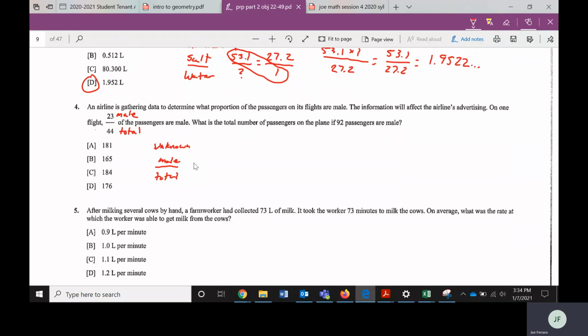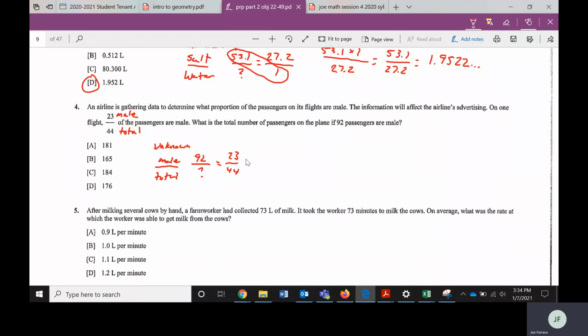In the question, they tell us the number of males, so 92 goes on top. The total is what we don't know, but that's what we're looking for. Now we look at what they gave us and see either is this exactly what they give us or do we have to figure it out? Well, it's exactly what they gave us. I just talked about that. So 23 would be on top, 44 on the bottom.